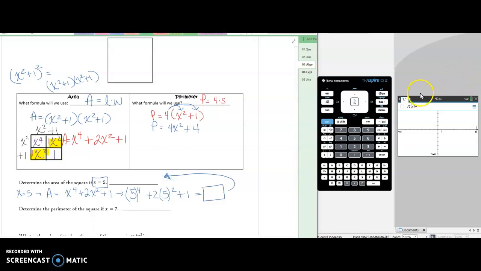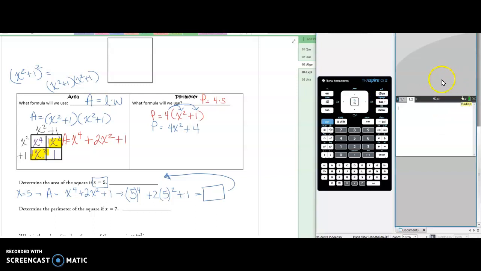Okay, so let's do that in our calculator. So I'm going to do a control doc. I'm going to add a calculator page. All right, and so I'm going to do it just like what's written over there. Open parentheses, I'm going to do 5, raise that to the 4th power. Now I'm up in the exponent, so I need to go to the right, plus 2, open my parentheses, 5, go to the right, squared.